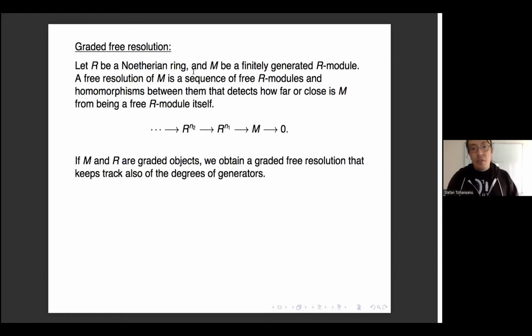This is how we do it. Say M is generated by n_1 elements, so naturally we have a surjective map from R to the n_1 onto M. Now this map has a kernel, and the kernel is a submodule of this free module, so it's finitely generated and has, say, n_2 minimal generators.